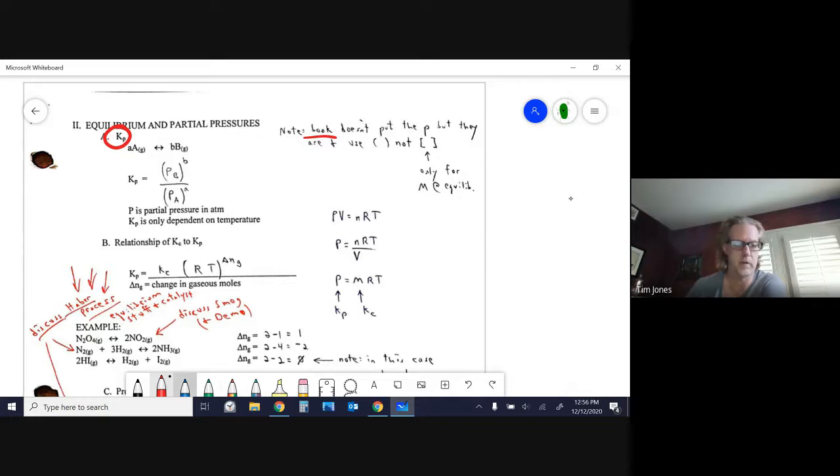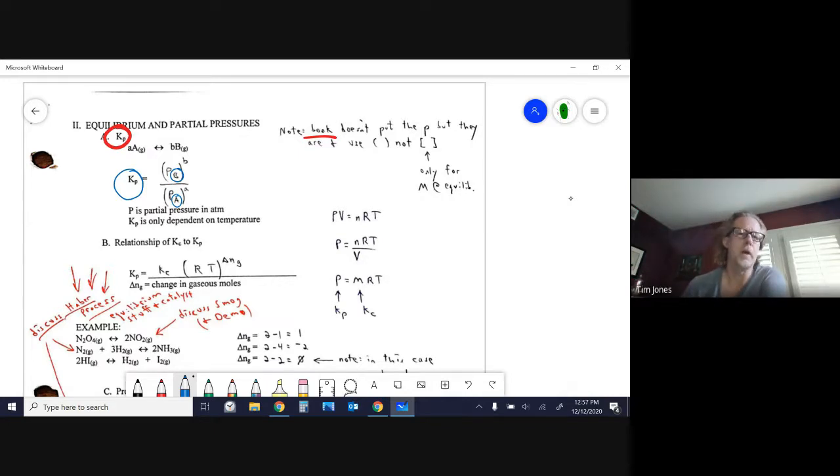If you take a look at this example here, Kp is going to be products over reactants. So in this fictional reaction, my product chemical B is here, a reactant chemical A. And when you're doing pressures, please put a P in your expression to emphasize that it's pressure.